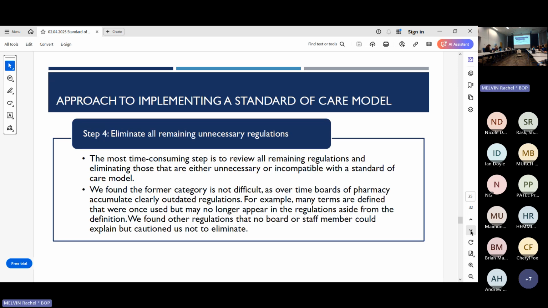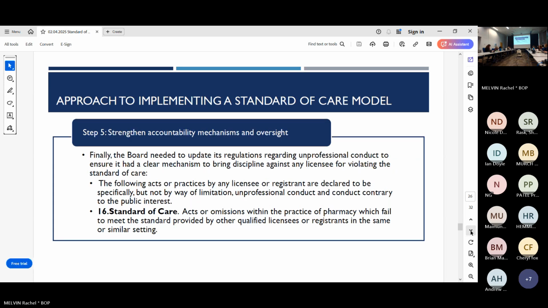And step 4, we eliminate all unnecessary regulations. And lastly, strengthen accountability mechanisms and oversight.